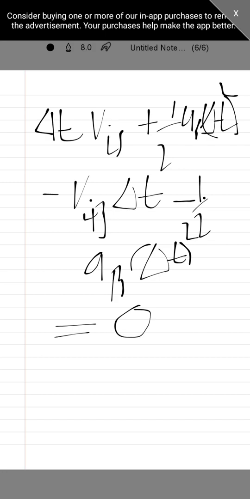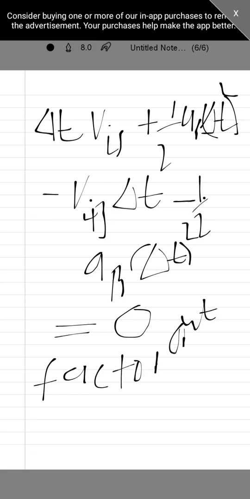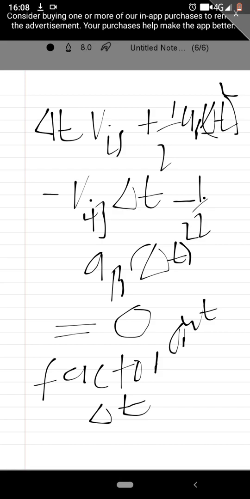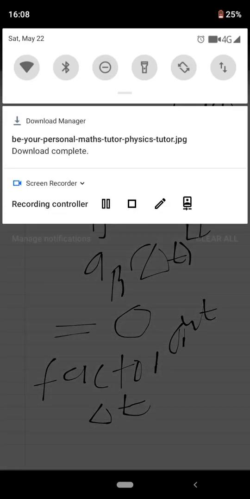So now we need to factor out this term to be able to solve the equation.